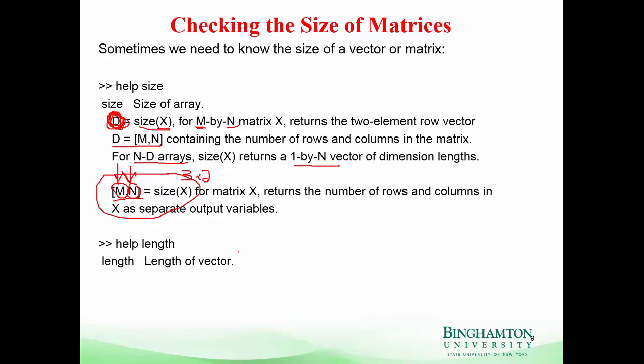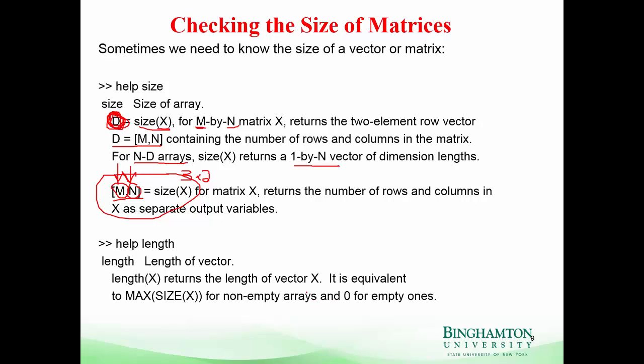It gives the length of a vector, and regardless of whether the vector is a row vector or a column vector, it will give you the number of elements in that vector. But it's equivalent to doing size of x and then taking the maximum value of that.